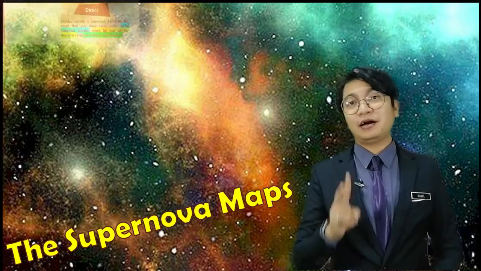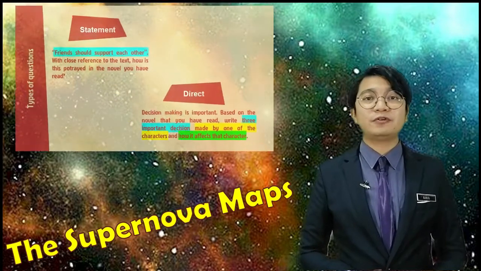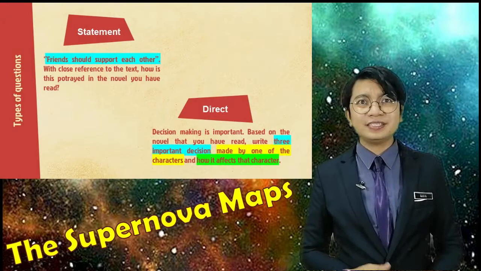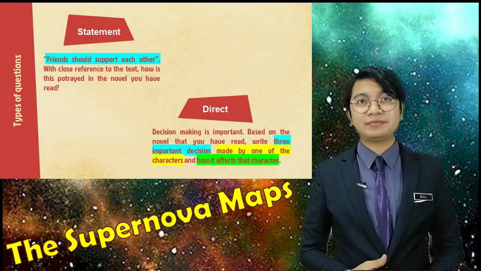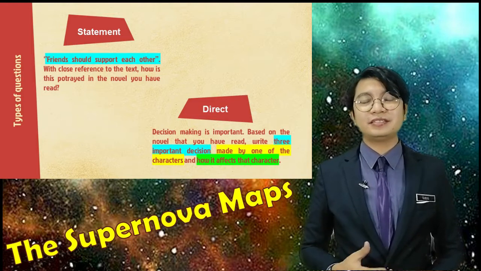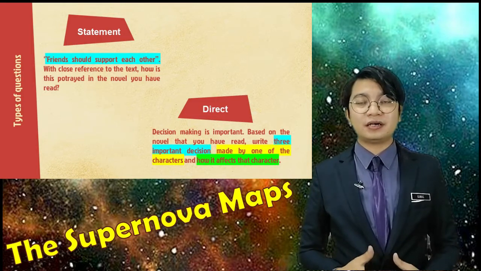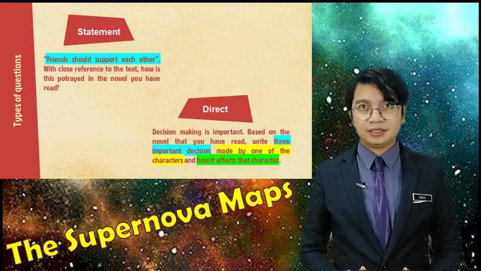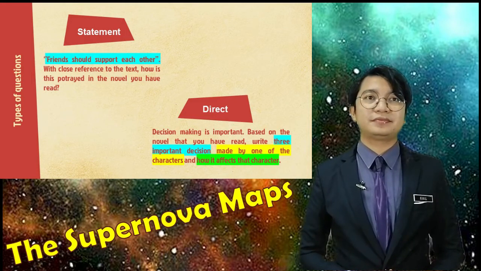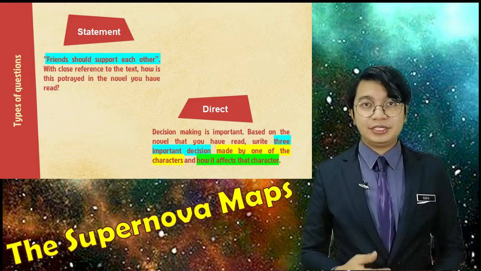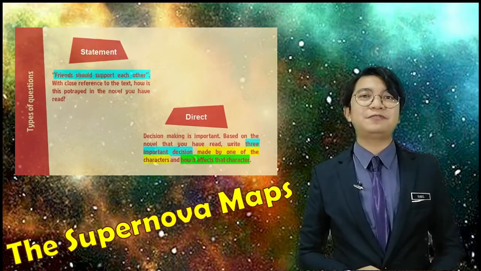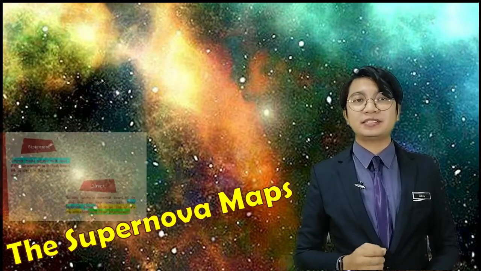For now, there are 2 types of question for novels. The first style starts with a statement like the example here. Another style is where the question asks you directly what it wants, like this example. Your introduction will be a bit different depending on the question style.